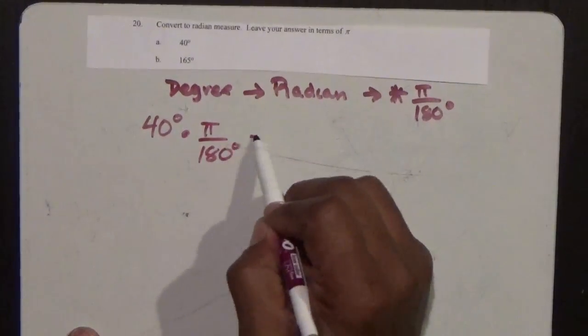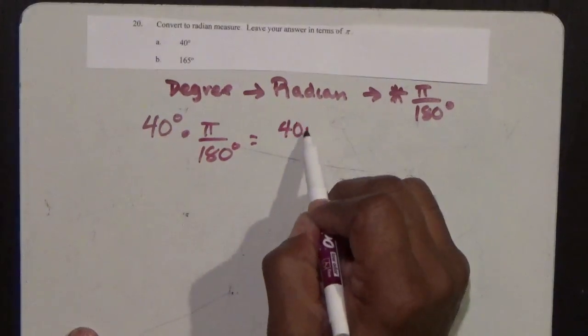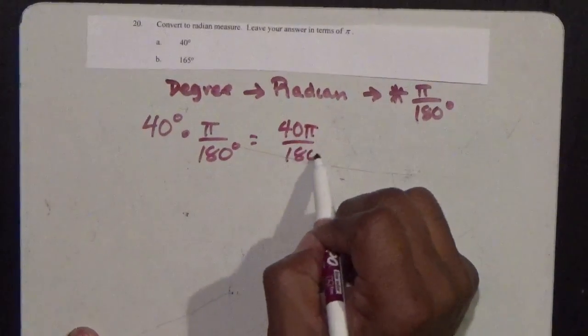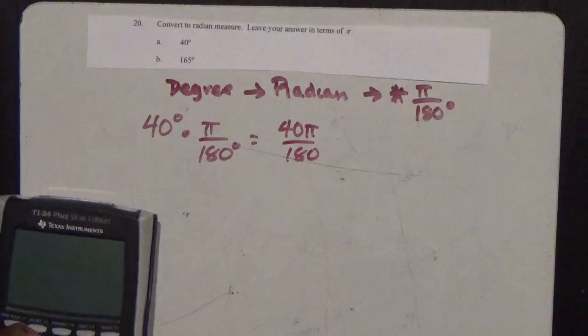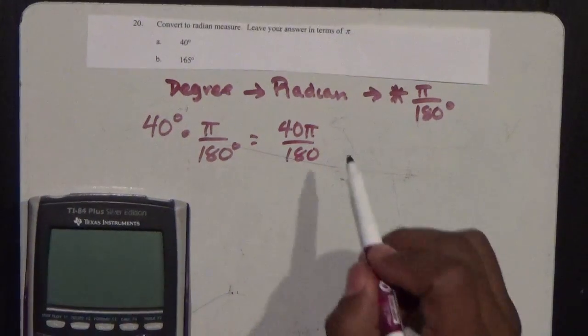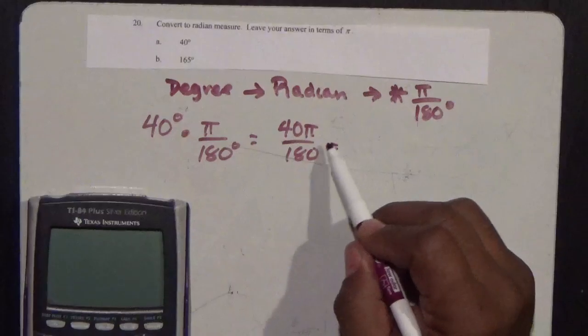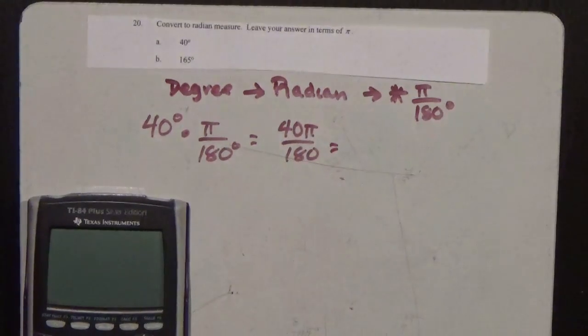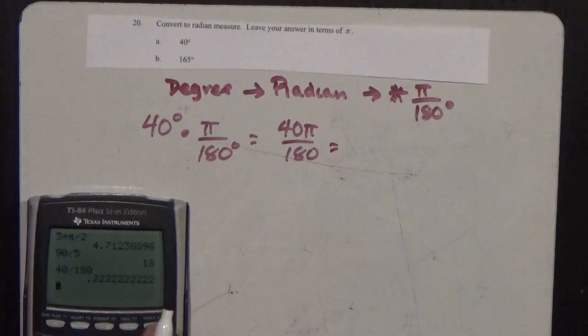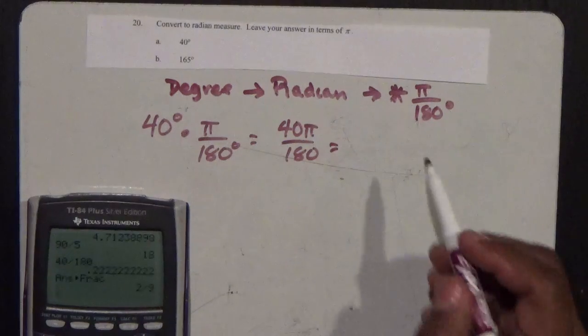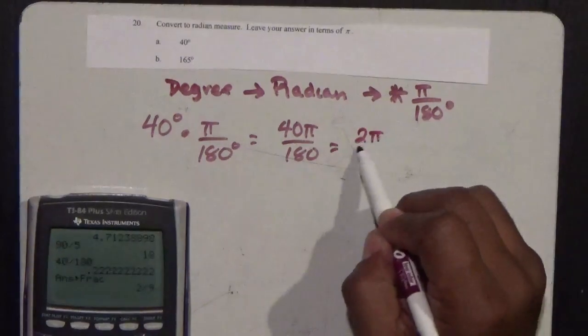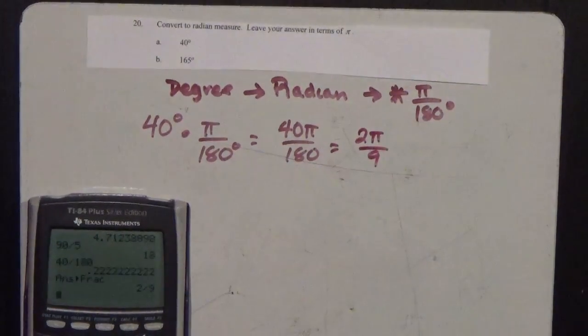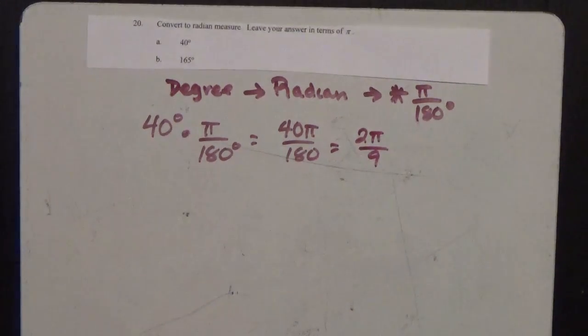That gives us 40 pi over 180. If it says it's a non-calculator problem, you want to keep reducing, and you end up with 2 pi over 9 if you reduce it. It says leave it in its lowest terms.